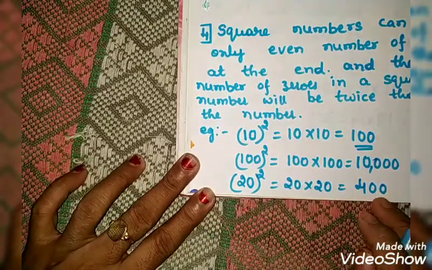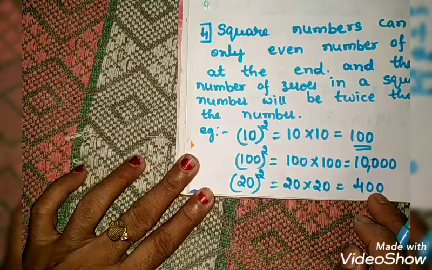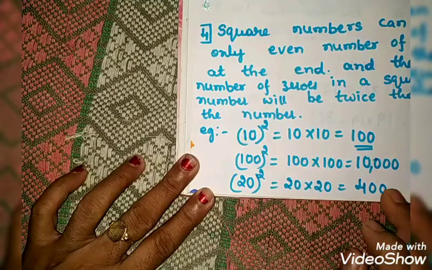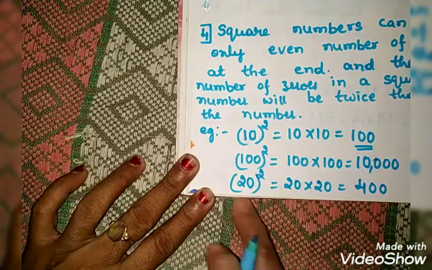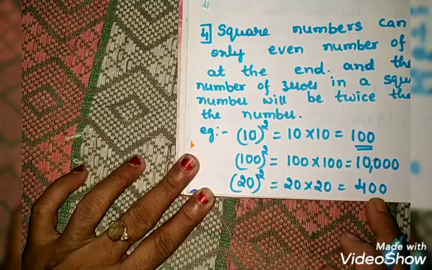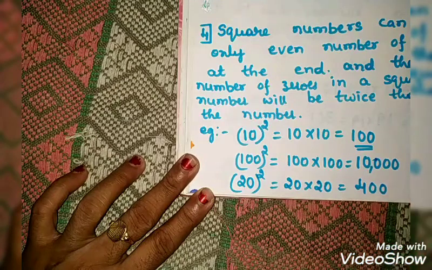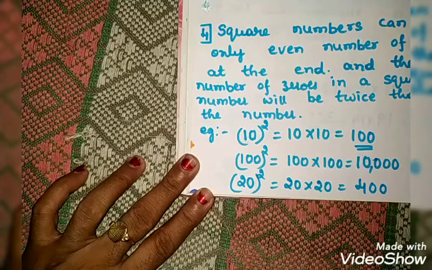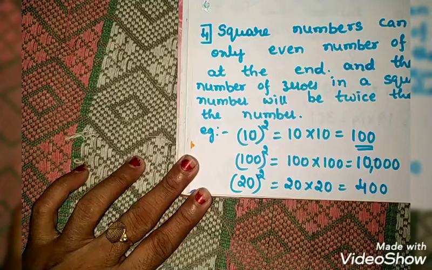Always an even number of zeros will be there in a square number, and the square number will have as many zeros as twice that of the given number. Here 1 zero was there, here 2 zeros. Like that we can give examples and try to understand. So these are some properties which are commonly observed when we look at square numbers. Isn't it, children?